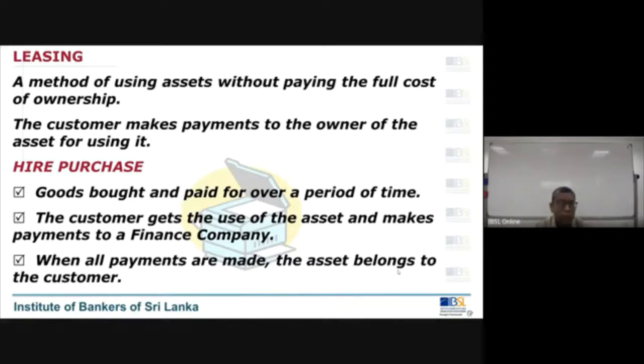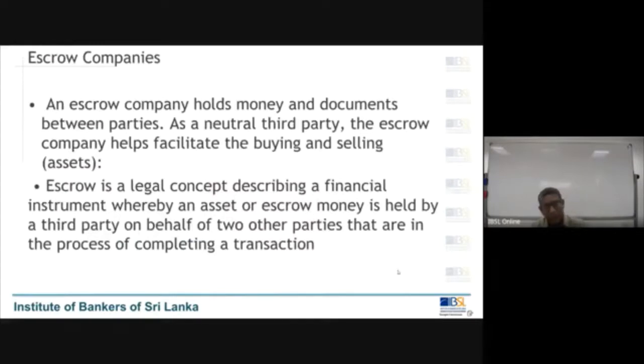Once you make the payments, you get the asset. The leasing and hire purchase go under 2 different legislations, and this is how you can also obtain money, or maybe equipment, especially vehicles.